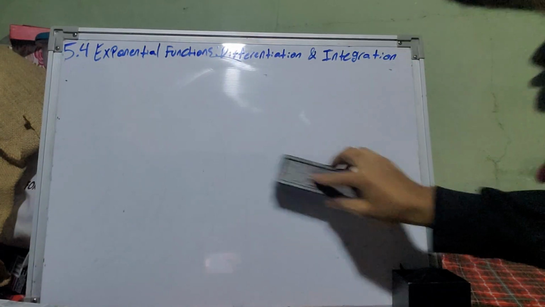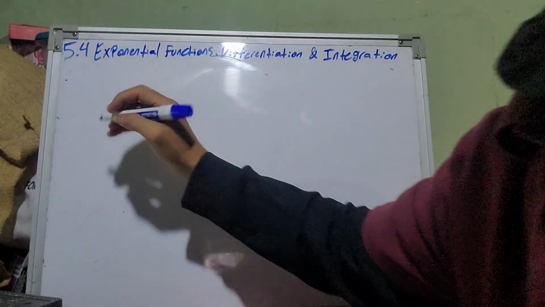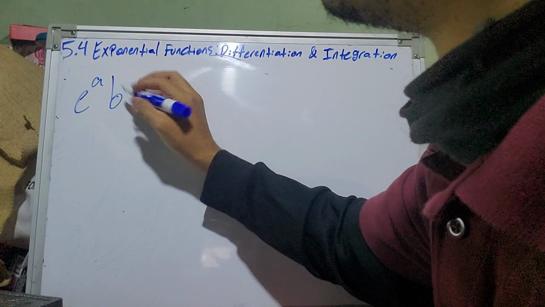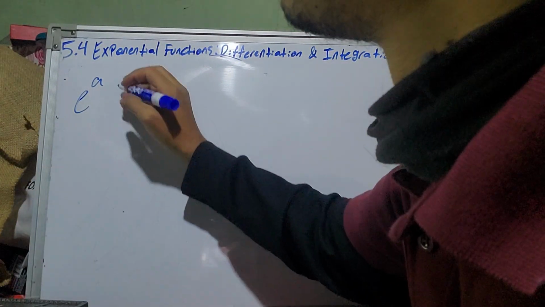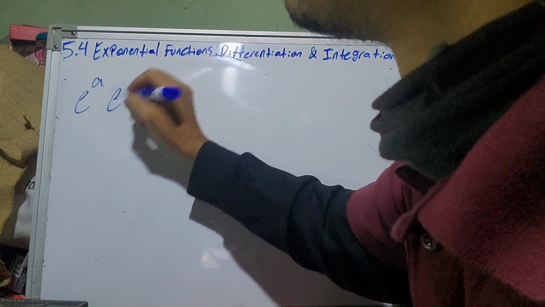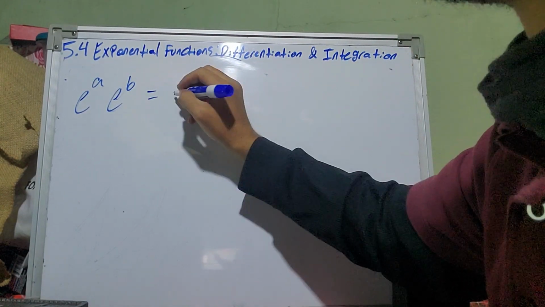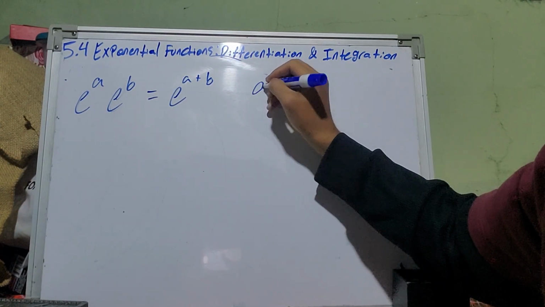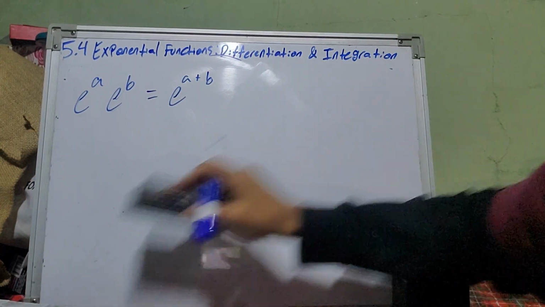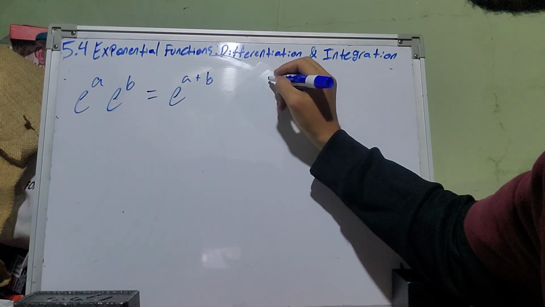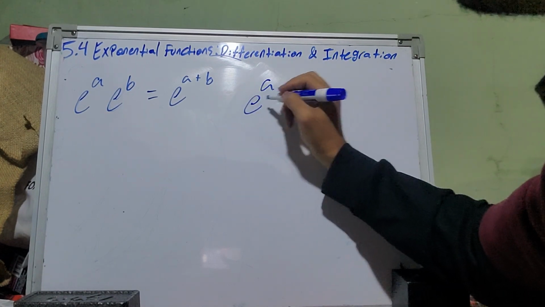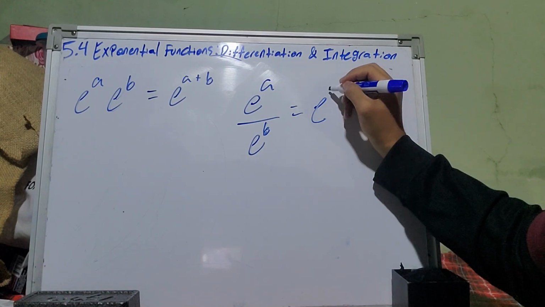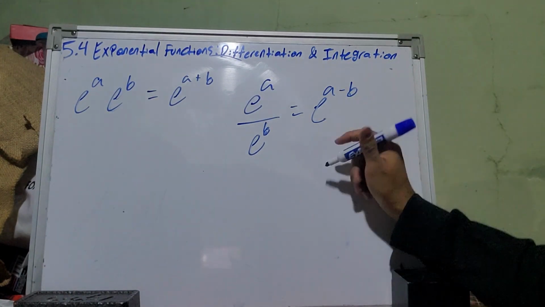Some important rules to remember when using operations with exponential functions. If e to the power of a and e to the power of b is presented, it is the same as e to the a plus b, as well as e to the power of a divided by e to the power of b is equal to e to the a minus b.